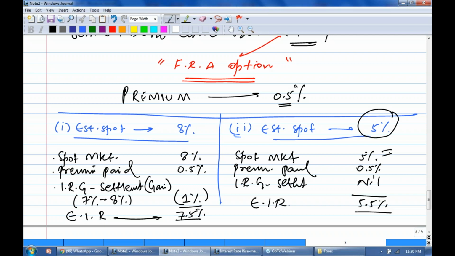It's simple. If estimated spot becomes 5%, it's simple, 5%. Is that okay, Amna? 5% estimated spot. Premium paid 0.5%. But interest rate guarantee nil.